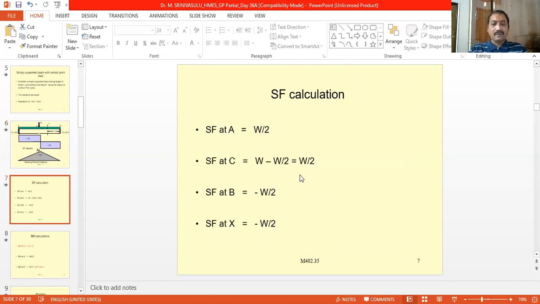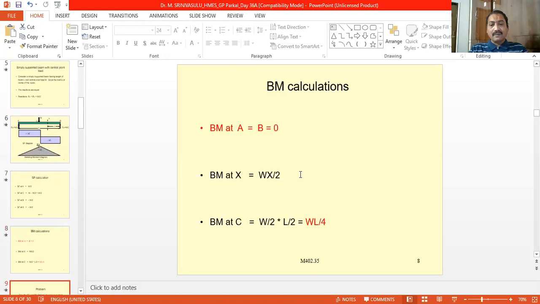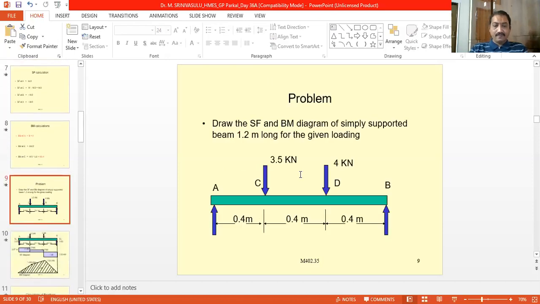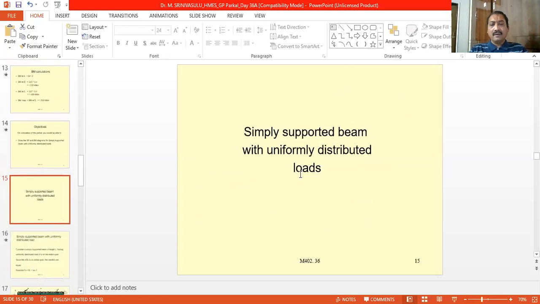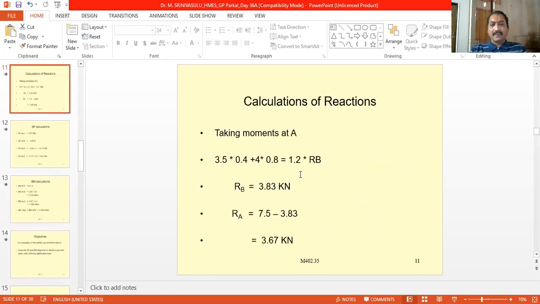Next we will solve an exercise problem, and that way we can understand well. Now this is a problem on the simply supported beam.